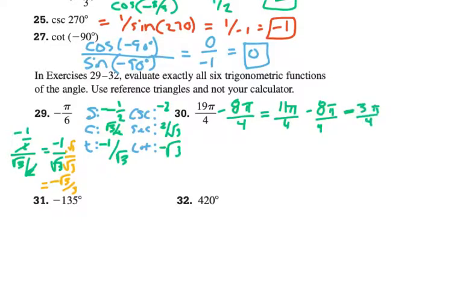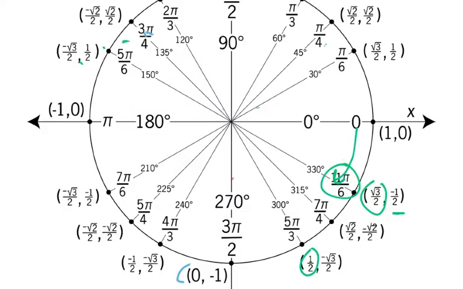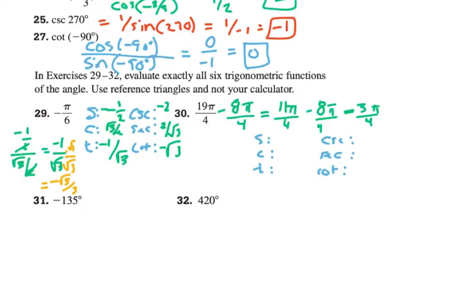And so just as we did before, we're going to do sine, cosine, tangent, cosecant, secant, and cotangent. So 3 pi over 4, so over here, 3 pi over 4. And our x value, so our cosine is negative square root of 2 over 2, and our sine is square root of 2 over 2.